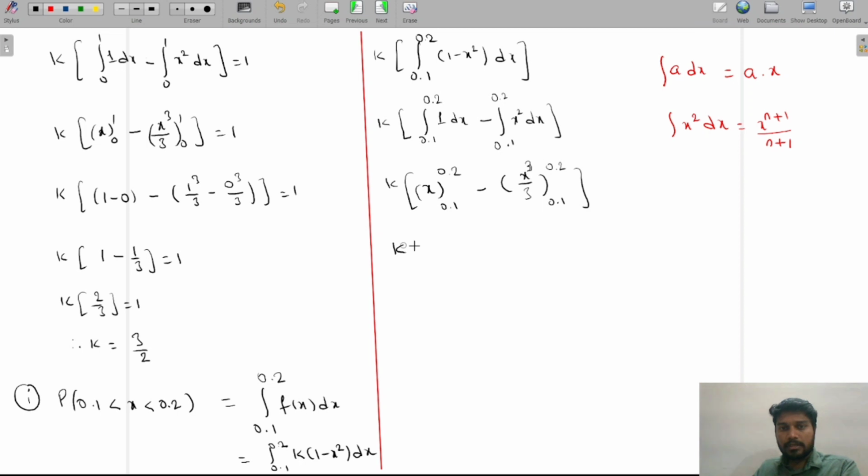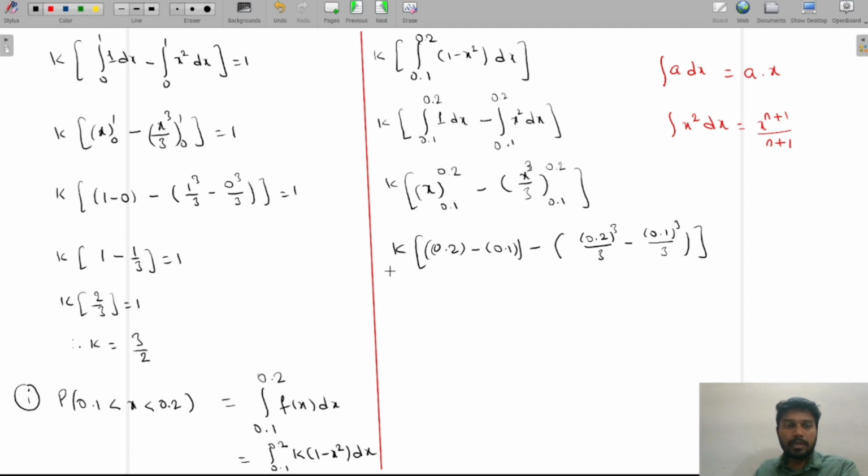Now substituting upper limit minus lower limit: 0.2 minus 0.1, minus, okay, now here also open the bracket. Now substituting upper limit, 0.2 whole cube by 3 minus 0.1 whole cube by 3, bracket close.